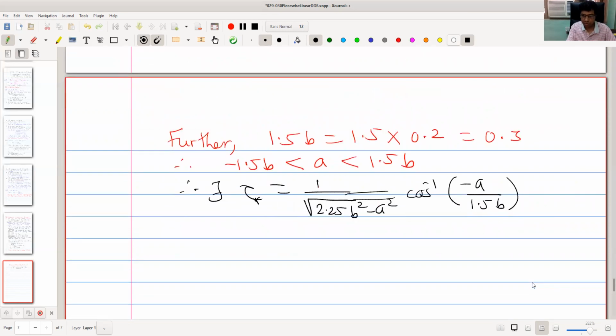Now using a calculator, you can easily find this value as 8.40651.